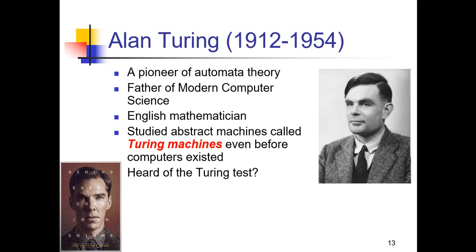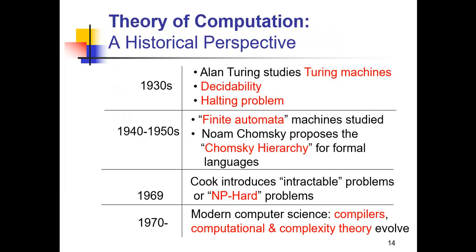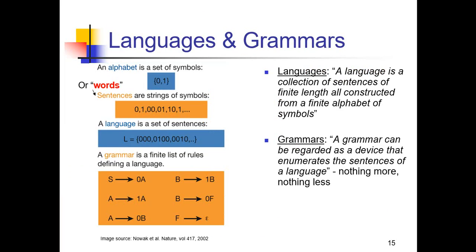Here are some descriptions about the beginning section of automata. A language is a collection of sentences of finite length formed from a finite alphabet of symbols, and grammar can be regarded as a device that enumerates sentences.